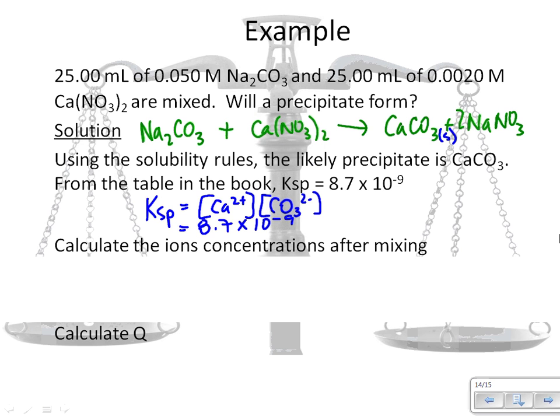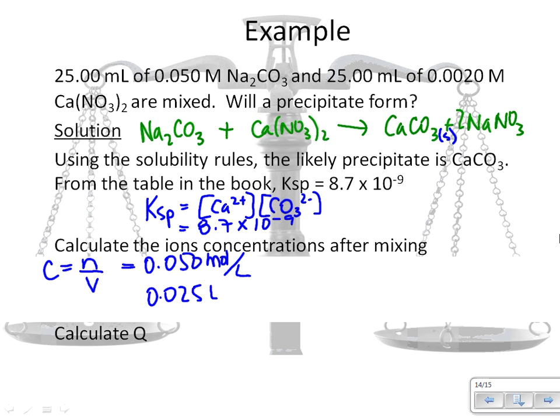After the ions are mixed, we have to calculate the concentration using C equals n over V. In this case, you start off with 0.050 moles per liter of your sodium carbonate, so that's your concentration, and you have 0.025 liters.